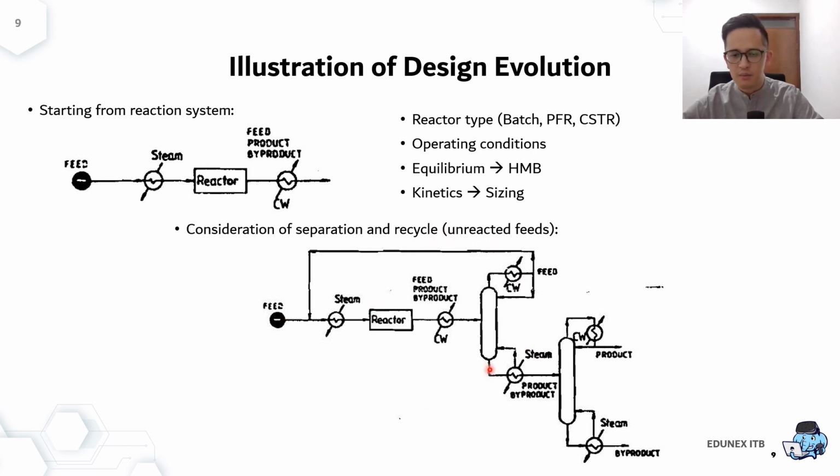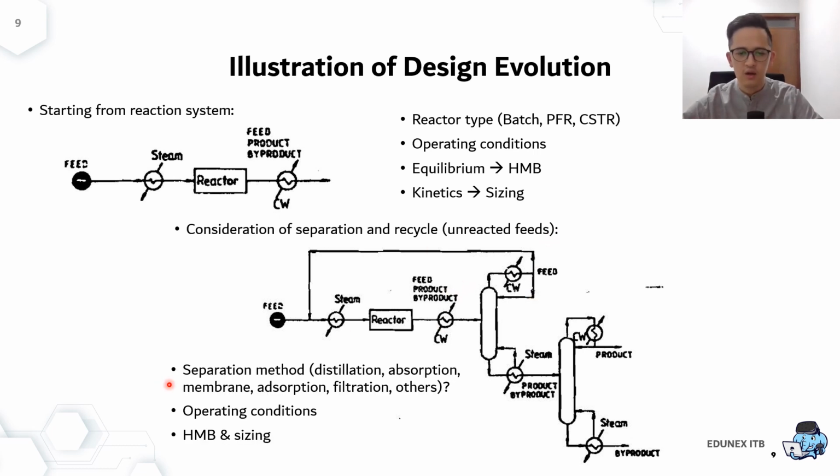Meanwhile, the products and the byproducts go to the bottom of the first separator because they are the heavier components, and then are sent to the second separation column where you separate the products at the top and the byproduct at the bottom. So this is the second layer in the onion model. You finish the reactor and then you finish the separation and the recycle.